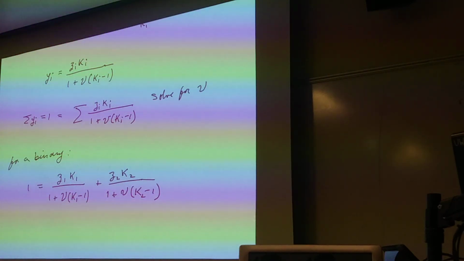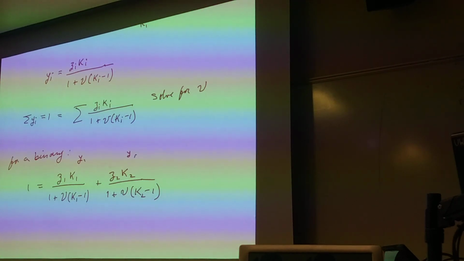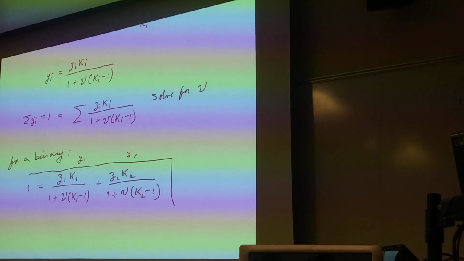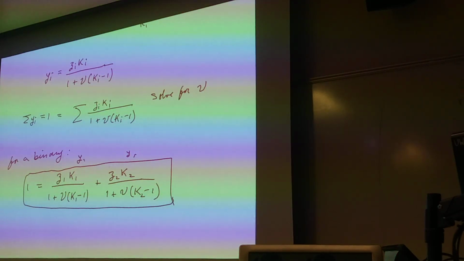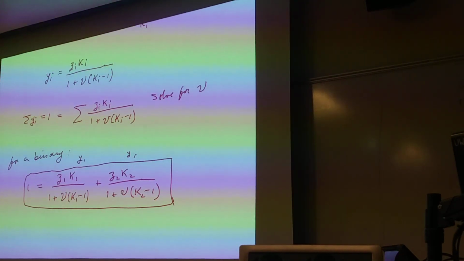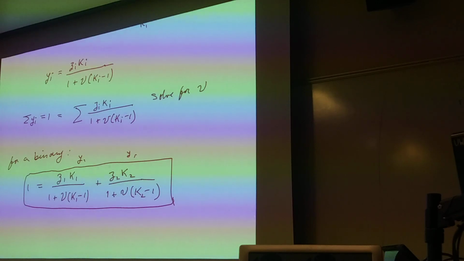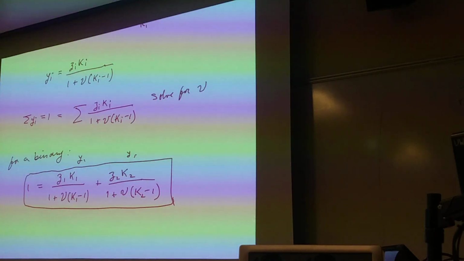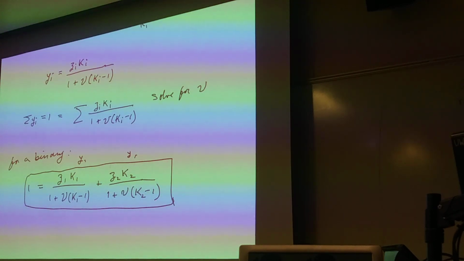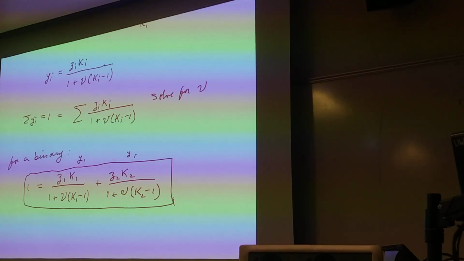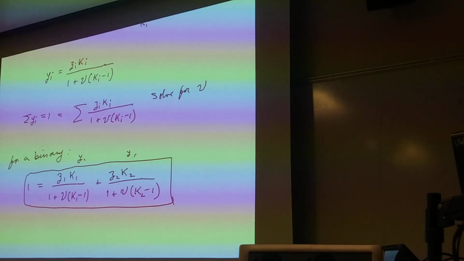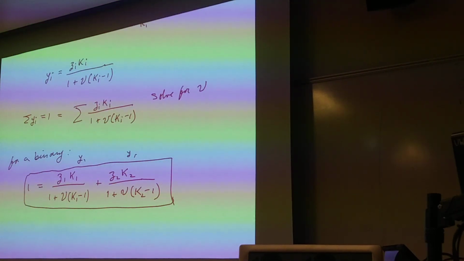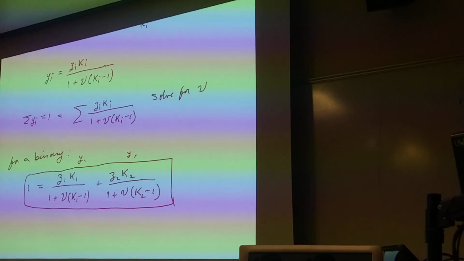So you recognize these, this is y1, this is y2. I've just written them out. But this is the equation that we need to solve for V, and this means finding a root for it. So if the K's are just going to be constants, like they would be if we had validity of Raoult's law, then those constants could be plugged in, and we can solve this in a straightforward manner.